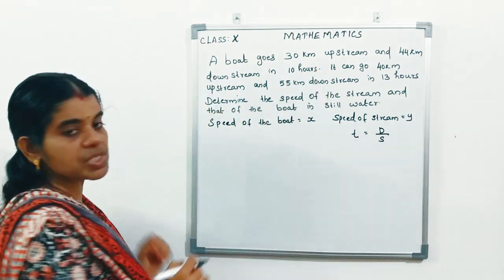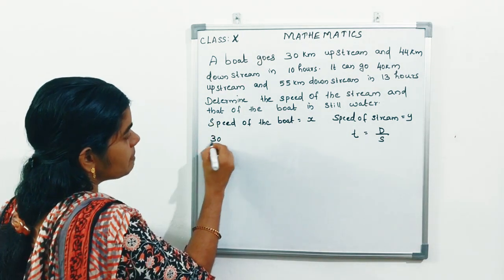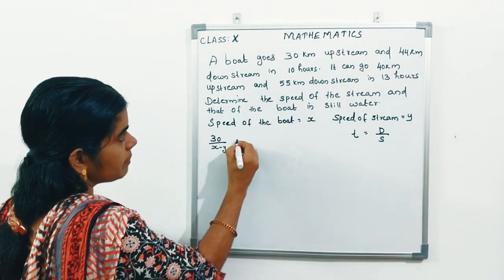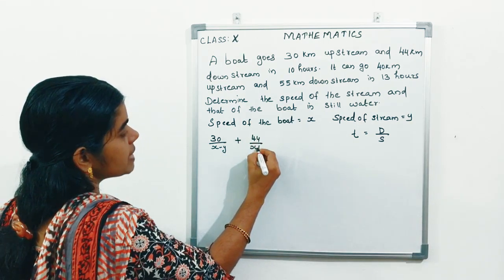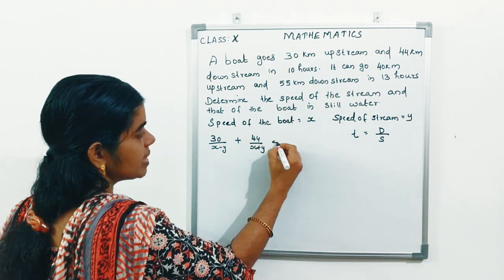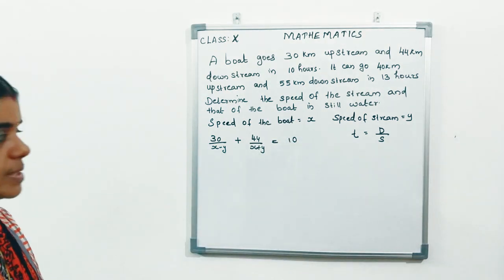Here the time relation is given. 30 km upstream, therefore 30 by x minus y, plus 44 by x plus y. How much time is it taking? 10 hours, equal to 10. That is our first equation.